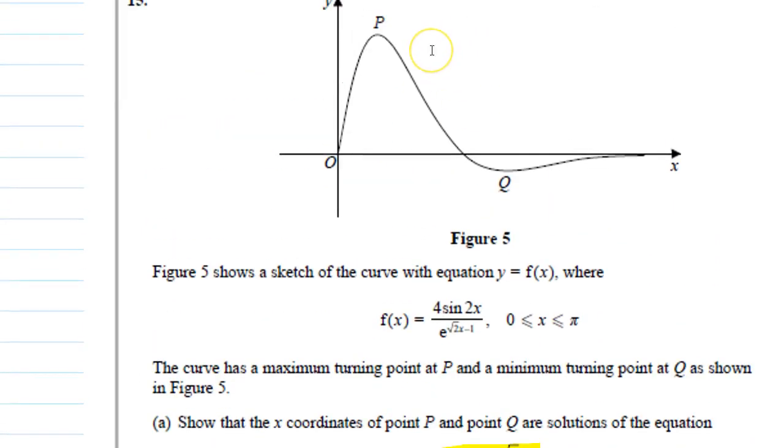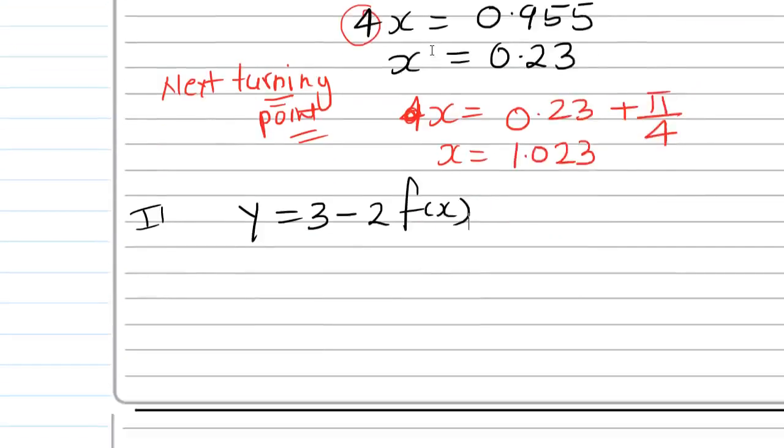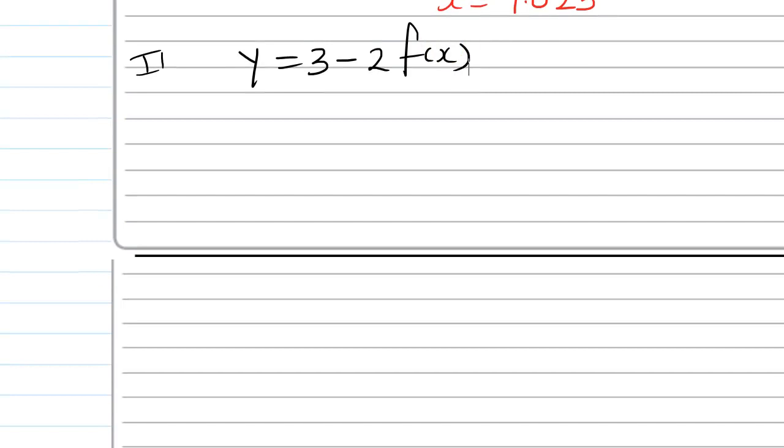This is our graph, right? So let me draw it here. If we draw the graph here, it is going up, then it is coming like this, and then it is going parallel. So 3 minus 2f(x).